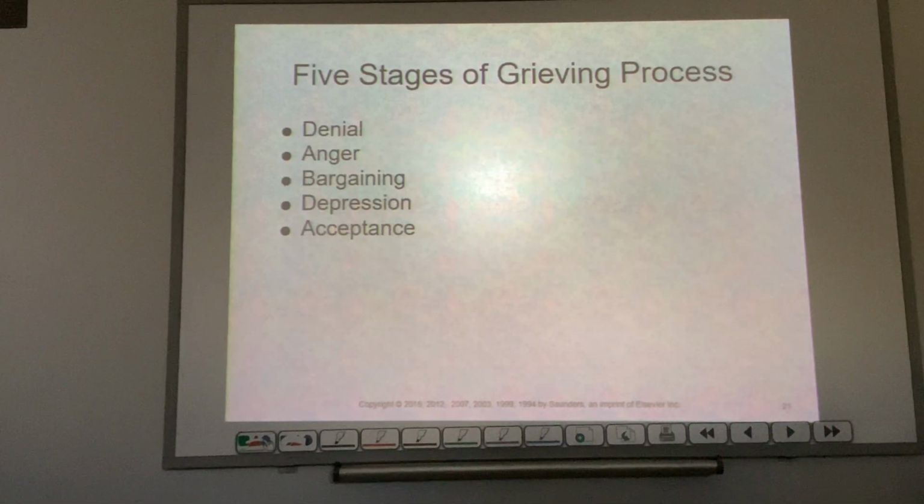So as I mentioned, there's 5 steps of the grieving process. So you could encounter these terminally ill patients at any point of these 5 stages of the grieving process. So you want to be aware of them, because if you have a patient and they're just super angry, okay, and they're just giving you attitude and they don't want to be there, they're like, why do I have to do this?